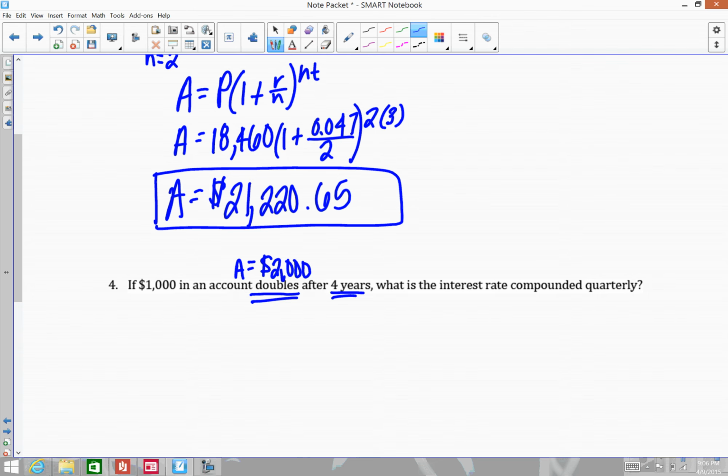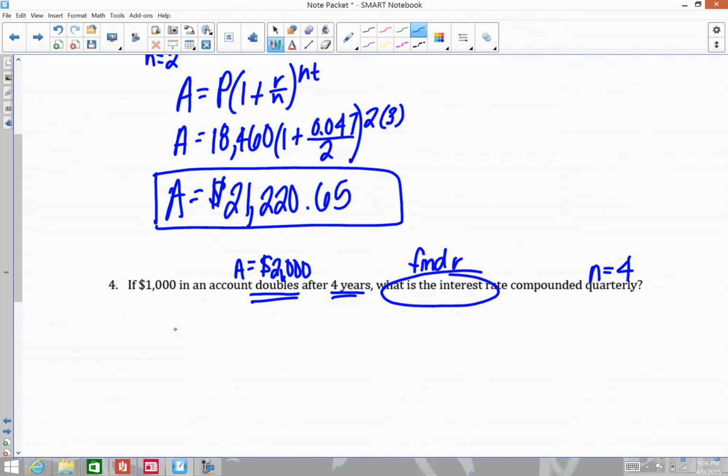What is the interest rate compounded quarterly? So this time we're trying to find R, which is different. Before you're trying to find the amount of money. So now you're actually trying to figure out, what interest rate would I have to get so that it's compounded quarterly, and basically so I can double my money after 4 years. So compounded quarterly means n equals 4.